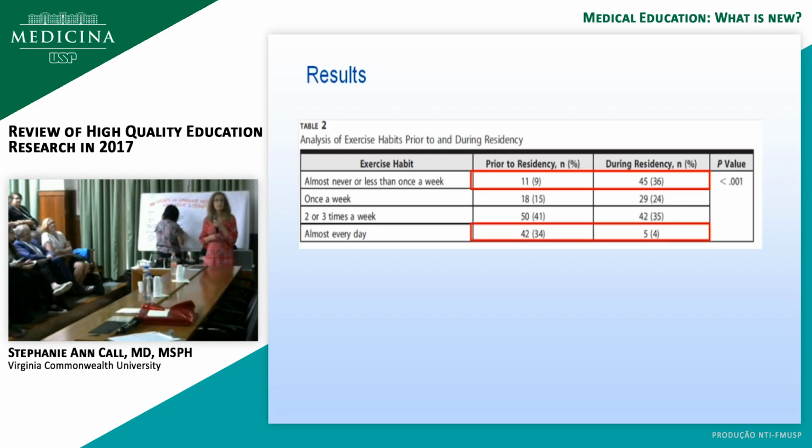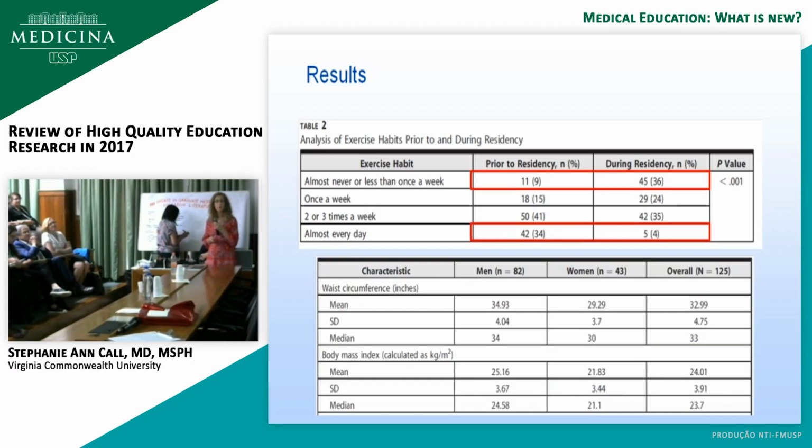Not great. And you can see on the opposite end, prior to residency, a third of the residents said, I exercise almost every day. During residency, only 4% say I exercise every day. So a significant change, not unanticipated. So how does that correlate then with their health and well-being?